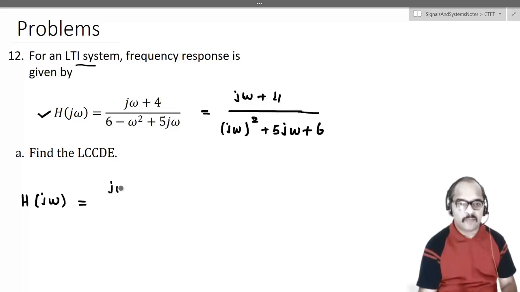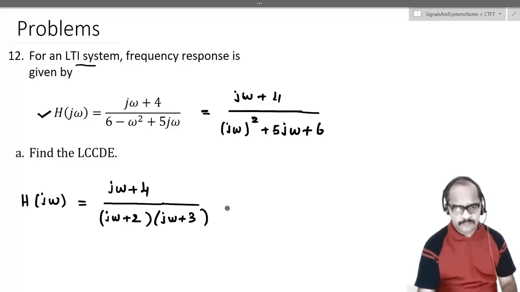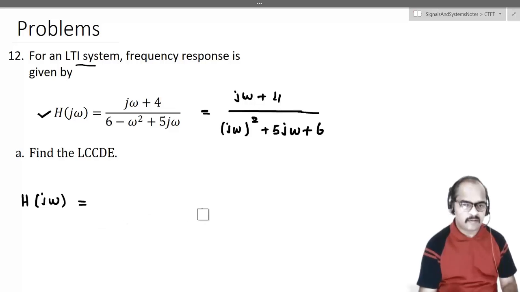We factorize the denominator, so you get j omega plus 4 divided by (j omega plus 2) multiplied with (j omega plus 3). I think this is not necessary for finding the differential equation, so let us do this later.